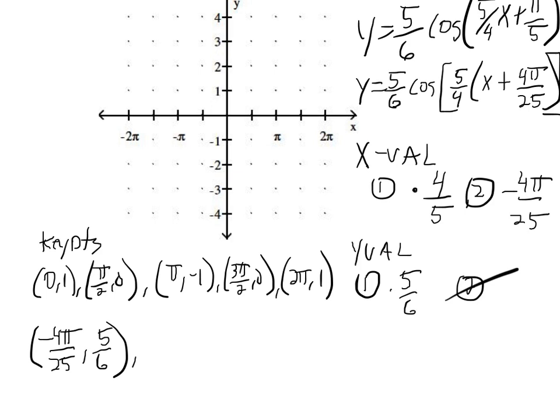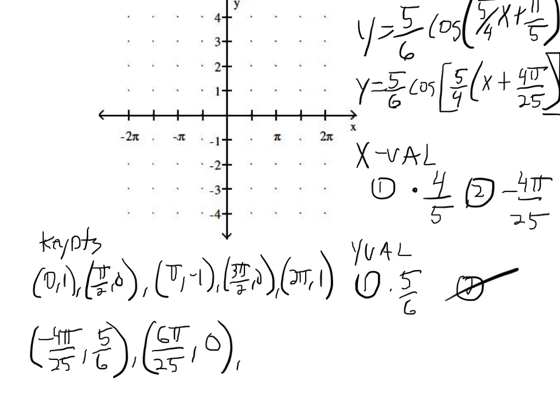Next, the next point is pi halves. It needs to go through the times 4/5 and minus 4 pi 25ths as well. I've taken a moment to do all this work on scratch paper. I suggest you do as well. You end up with 6 pi 25ths. And then 0, I can walk this one through. 0 times 5/6 is 0.